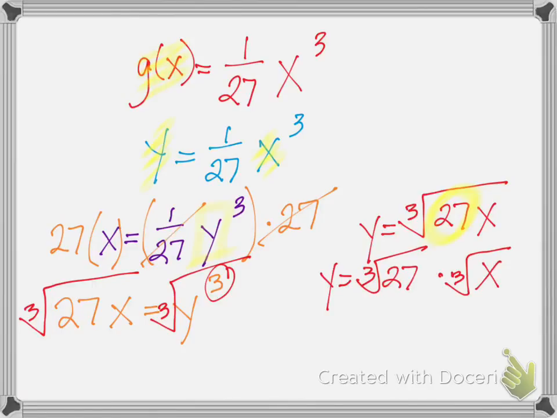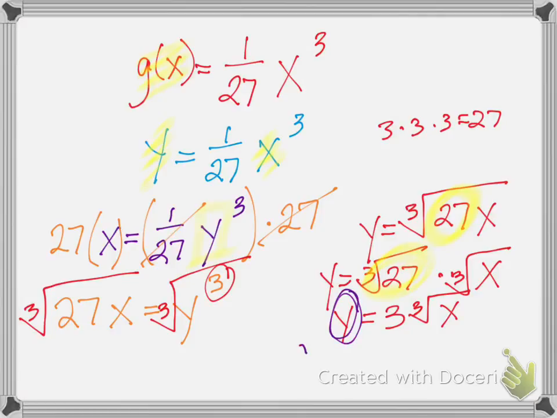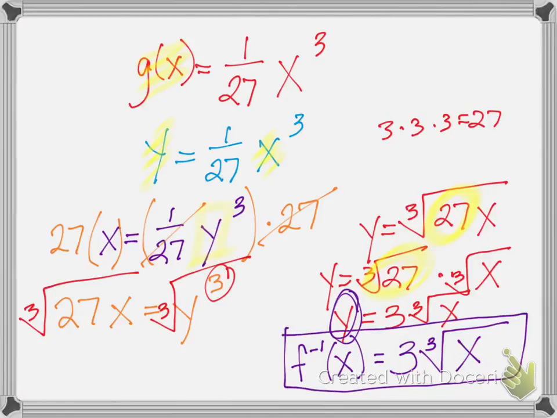The cube root of 27 is actually just 3, because 3 times 3 times 3 would be 27. So I can simplify this. Cube root of 27 is 3, times the cube root of x. And my final step is to switch my y back to inverse. So f to the -1 of x equals 3 cube root of x. That would be one of the more difficult problems that you see.